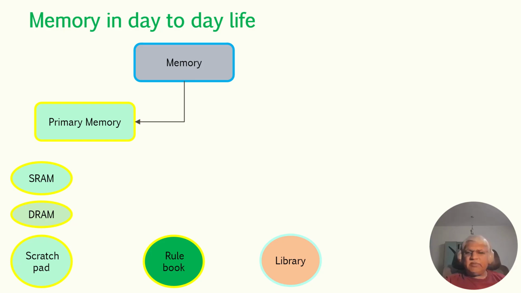In the primary memory, there are two types. One is SRAM, meaning static RAM. Another is dynamic RAM. Static RAM is made with transistors, and the data in this SRAM will vanish when you switch off the power.